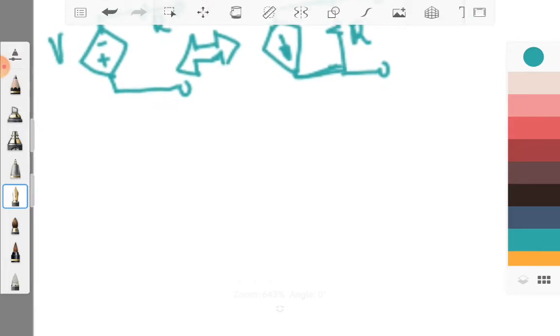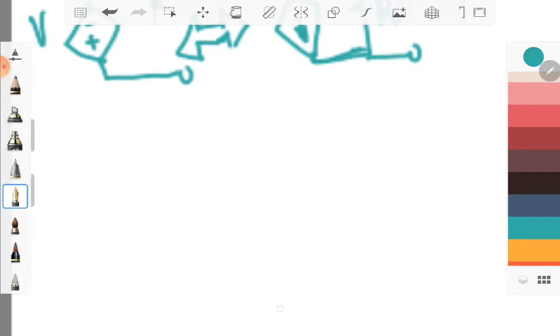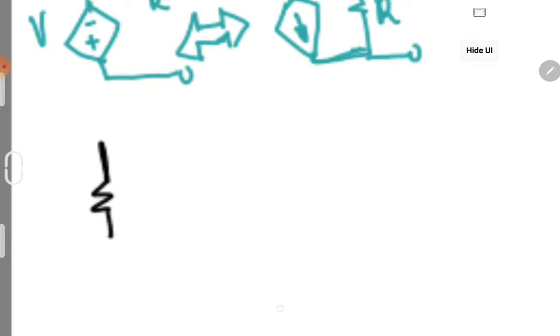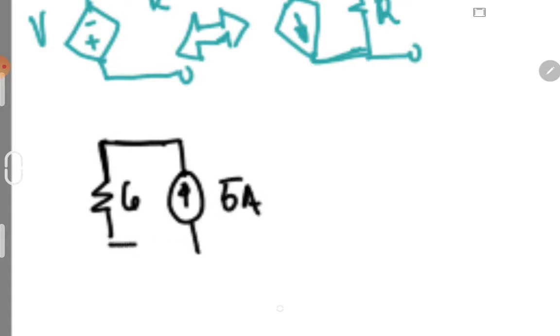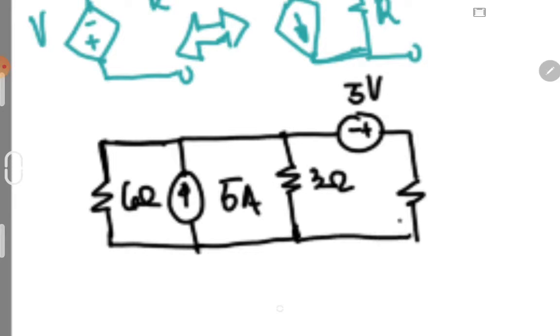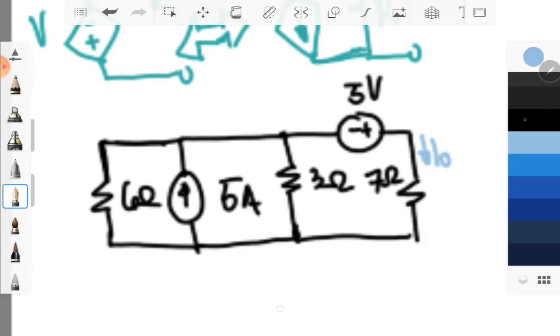So, sample 1. Let's say I have a 6 ohm resistor in parallel with a 5 ampere independent current source, and then in parallel with a 3 ohm resistor and a positive 5 volt source, and then we have our 7 ohm, and basically there is your Io in this node.